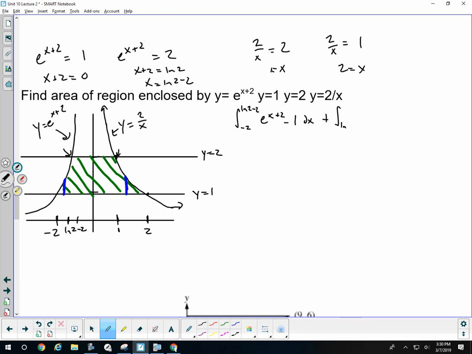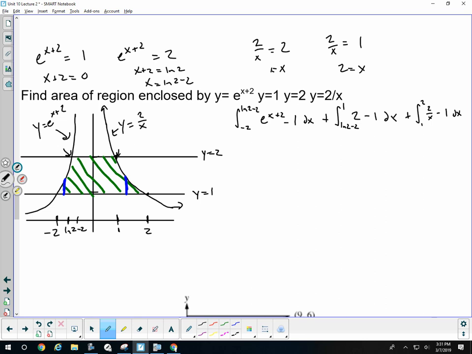It'd be log 2 minus 2 to 1 of top minus bottom, 2 minus 1. And then I have a third integral from 1 to 2 of the top minus bottom, 2 over x minus 1. Yikes, it's pretty intense, right?